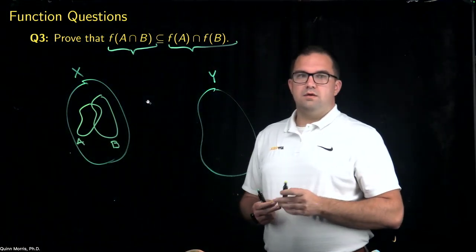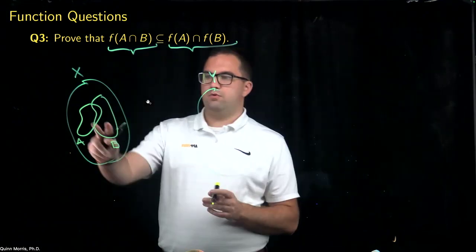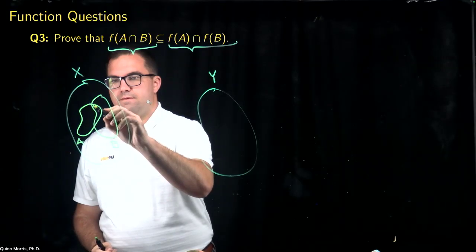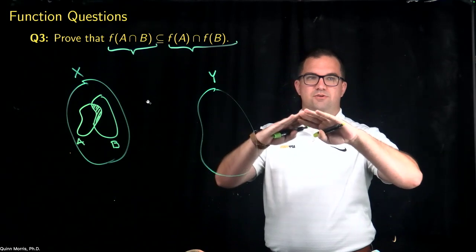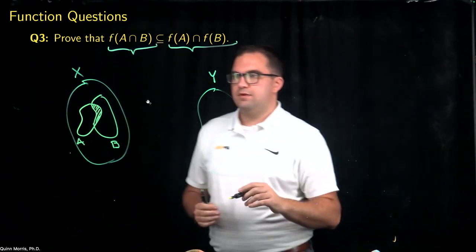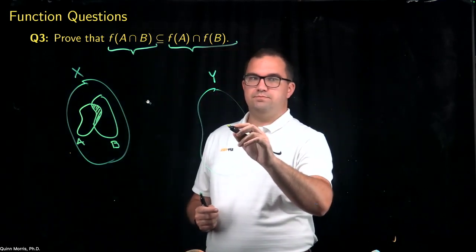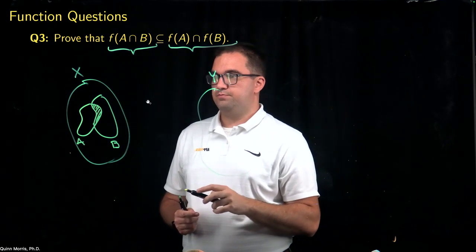Now, if I were to take A intersect B, that would be the little striped portion in the middle here. So A intersect B is where they overlap. And then I could look at where that maps to. I could also look at where A maps to and where B maps to.